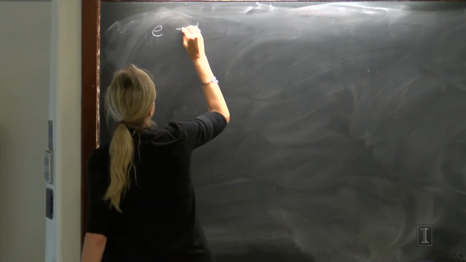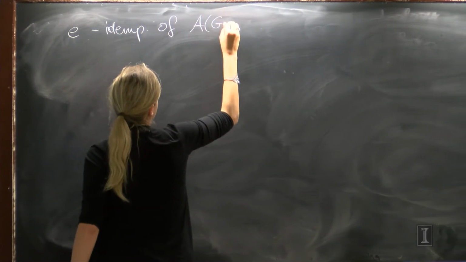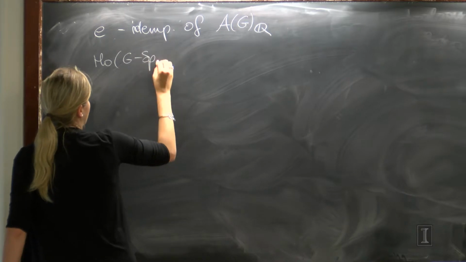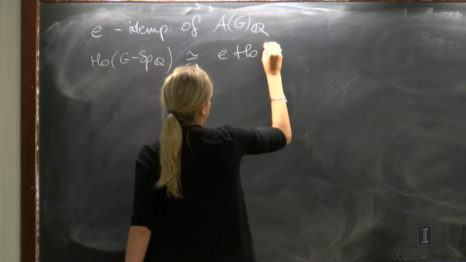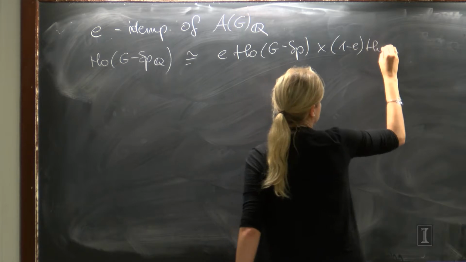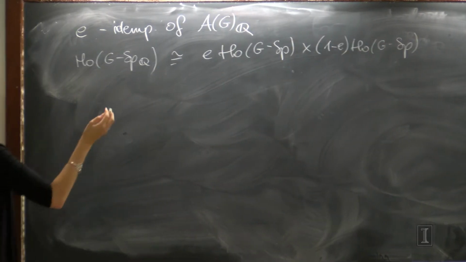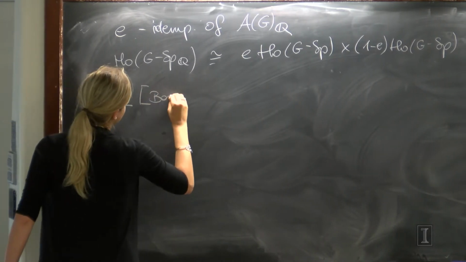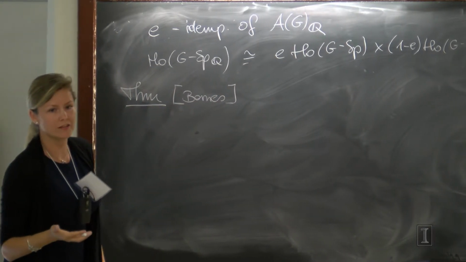So if E is an idempotent in the rational Burnside ring, then I know that the homotopy category of rational G-spectra is really going to be E of it cross 1 minus E of it. So this is not that difficult, but there's a theorem of Dave Barnes which says that you can actually upgrade this splitting to the model categorical level.